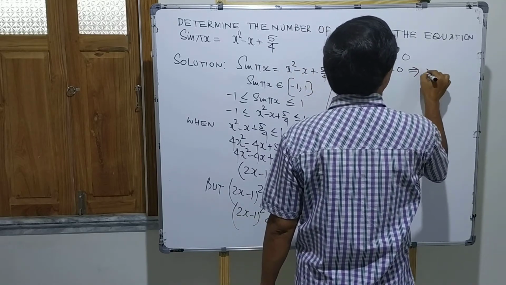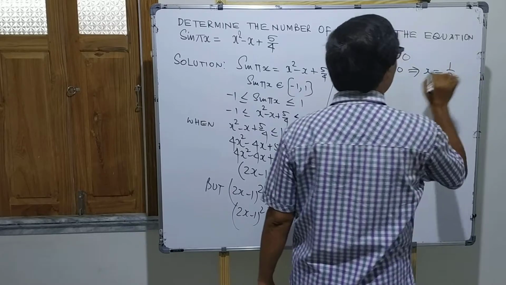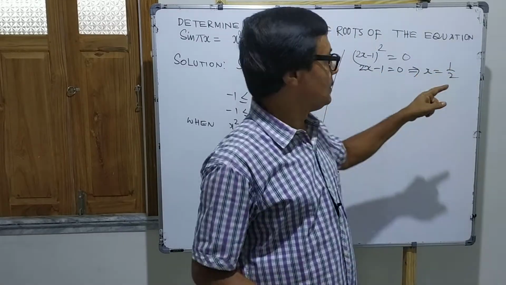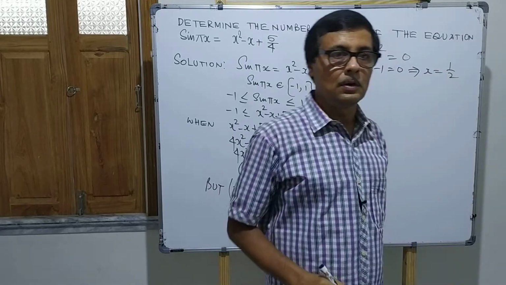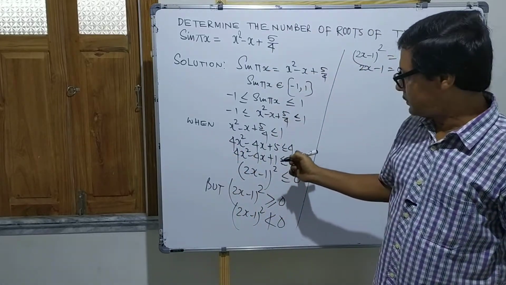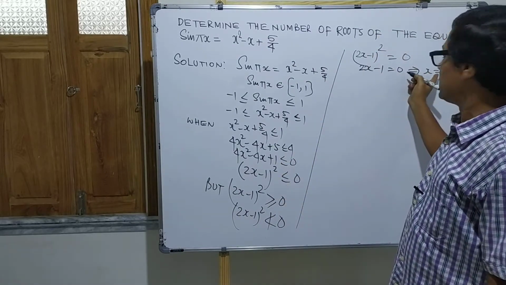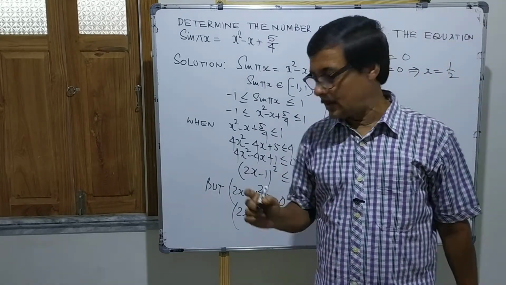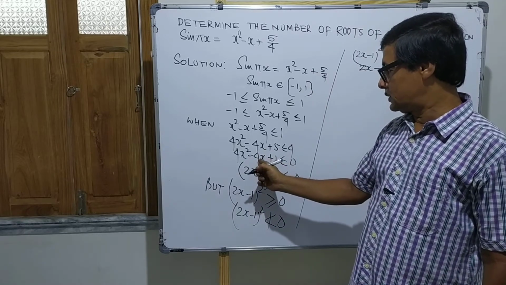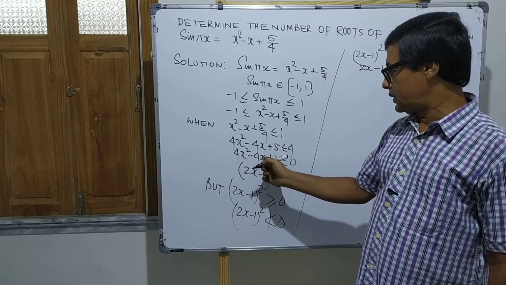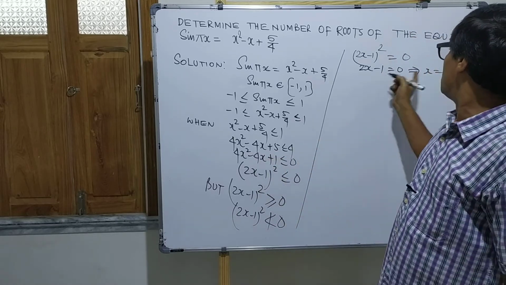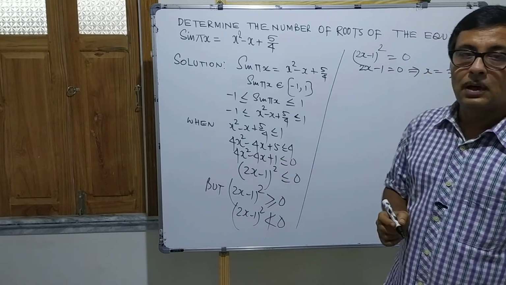This implies x equal to half. Here we have got a root, x equal to half. Only one root we have got from this inequality, that is 4x square minus 4x plus 1 less than or equal to 0.